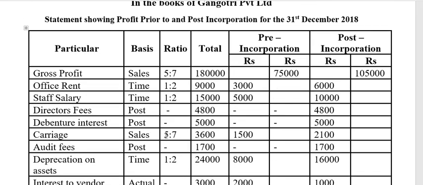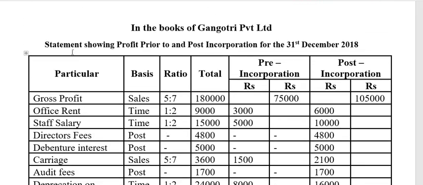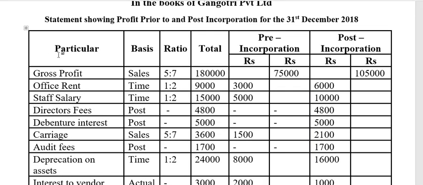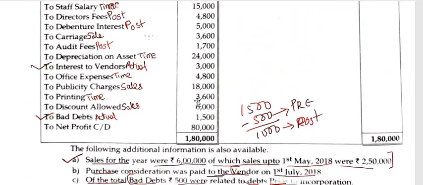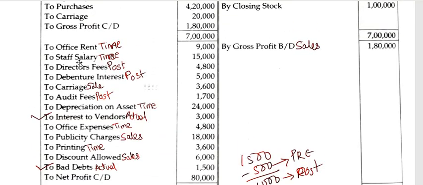I hope you have understood how to find the statement showing profit prior to incorporation and post-incorporation. This is the table: particular, basis, ratio, total, pre-incorporation amount, debit and credit. Just remember one thing, that these particular expenses are to be distributed on which ratio, time ratio, sales ratio, post-incorporation or pre-incorporation.